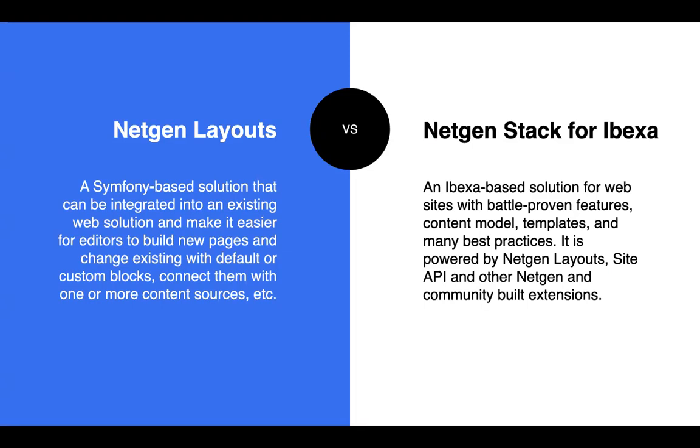But on the other side, Layouts by itself is not something that we use. We use Layouts together with the Ibexa CMS, which was previously known as Ez Publish or Ez Platform. But it's not only that as well. We have the whole stack. We call this Netgen stack for Ibexa, which is Ibexa CMS with Netgen Layouts, and then a lot of other things, which we then use to build websites.